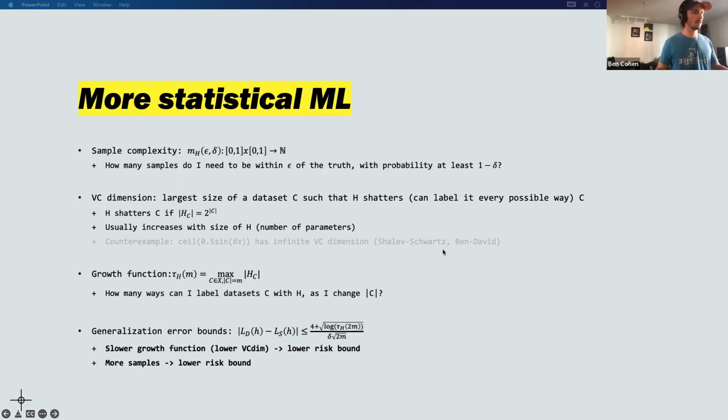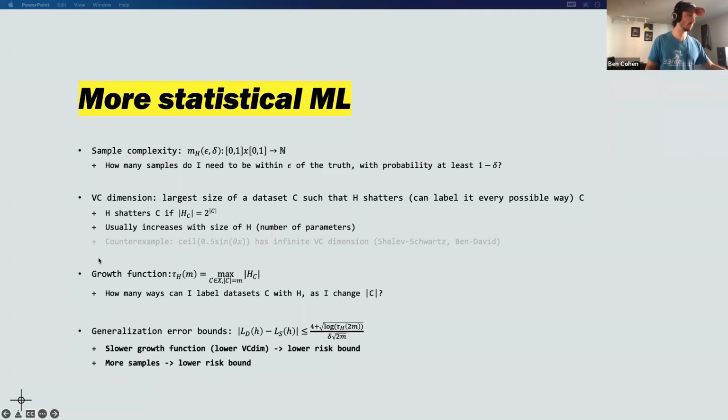In Understanding Machine Learning by Shalev-Shwartz and Ben-David, which is like my Bible for statistical ML, they give the counterexample that even something really simple like a sinusoid function with a ceiling nonlinearity applied to it has an infinite VC dimension, because you can crank up the frequency so that you hit the training points with perfect labeling.